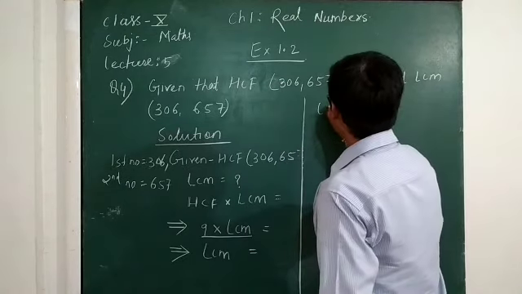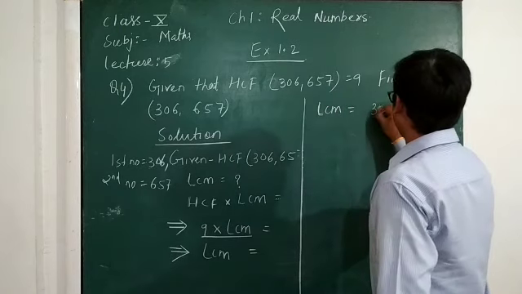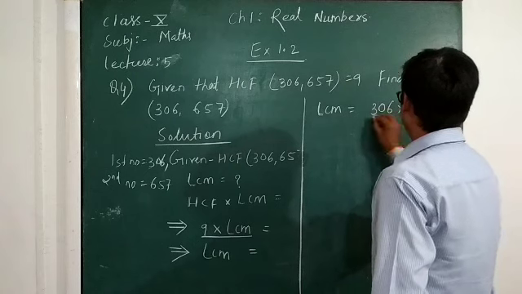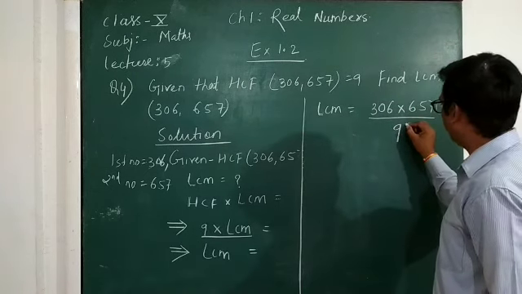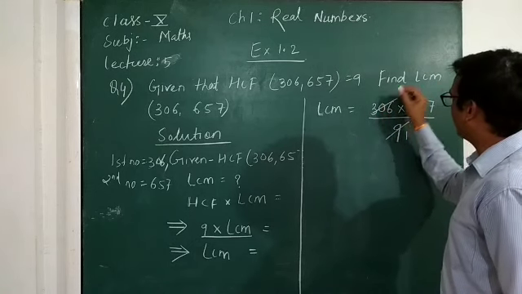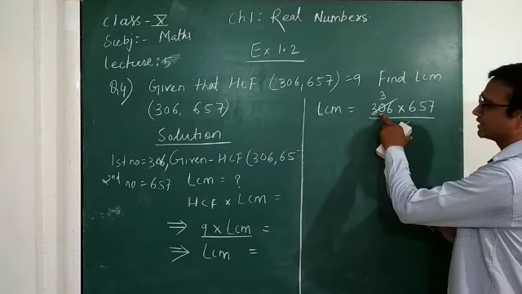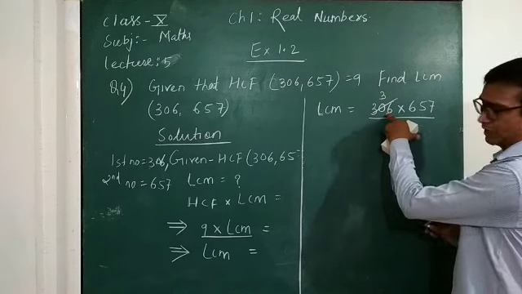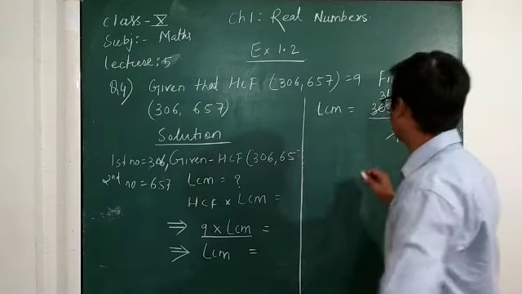So here LCM is equal to 306 into 657 divided by 9. So we will cancel this by 9. 9 ones are 9, 9 threes are 27, and 3 is left in this 30, so it will be 36. 9 fours are 36.